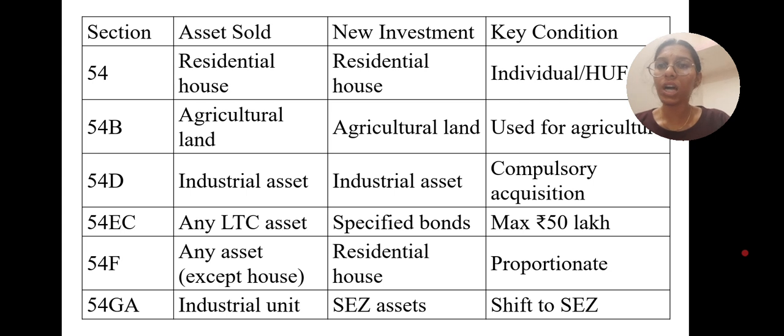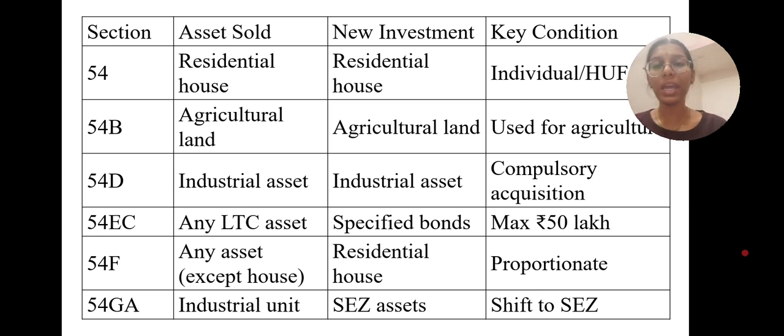This is a comparison table of all the six sections of exemption. First, section 54 is applicable only for sale of a residential house, with the condition that from the capital gain amount you have to invest in another residential house, and it is applicable for individual and HUF.